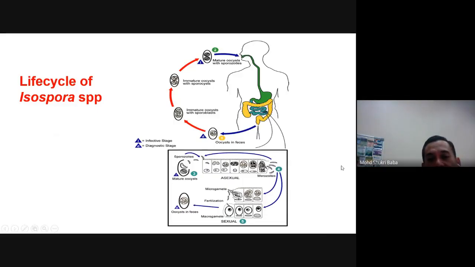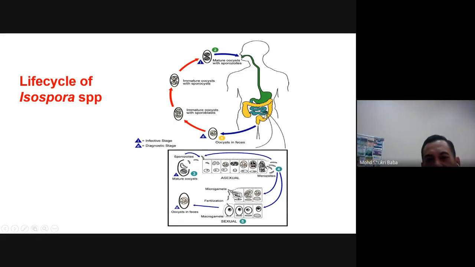Alright, so you makan matured oocyst yang dalam feces, lama-lama proses kematangan tu berlaku dekat luar. The matured sporocyst tu you makan, this is macam mana ia boleh berlaku dalam your usus lah.